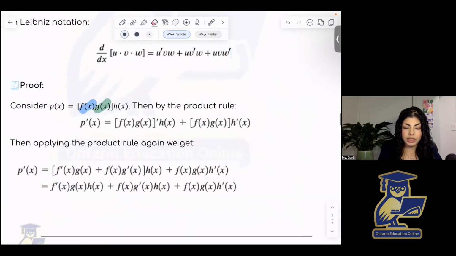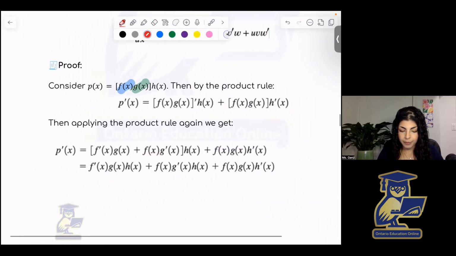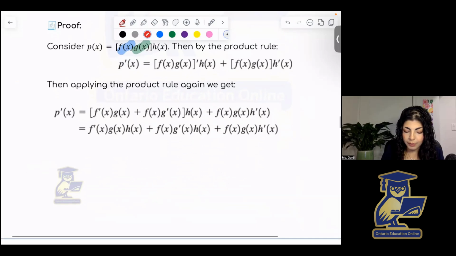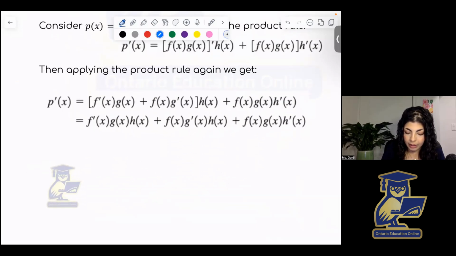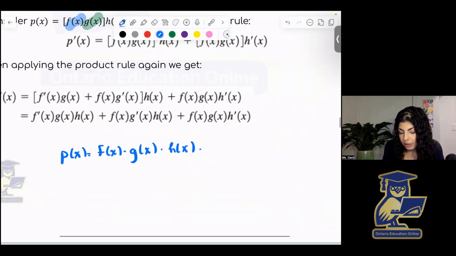And just as an extension piece, you can try writing, I have to think of more letters. If you have P of x is f of x times g of x times h of x times, let's do maybe s of x.